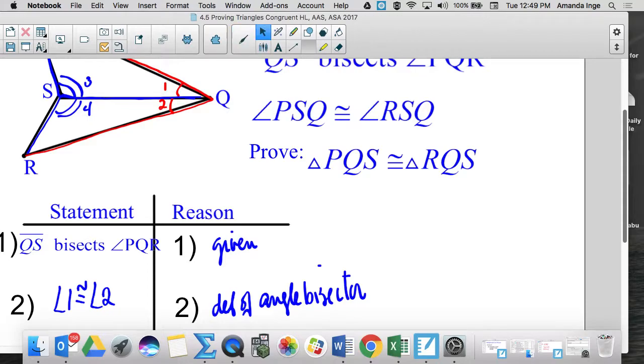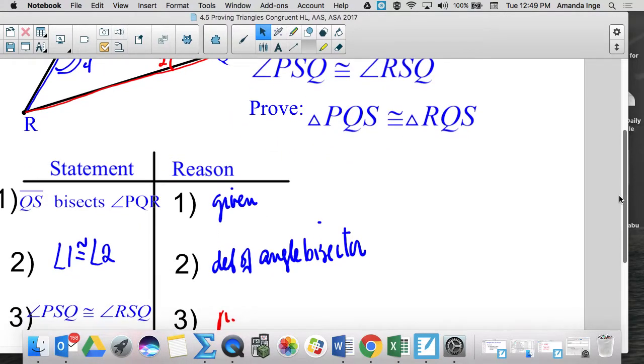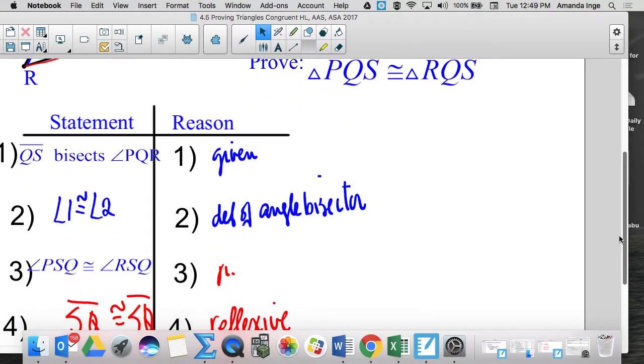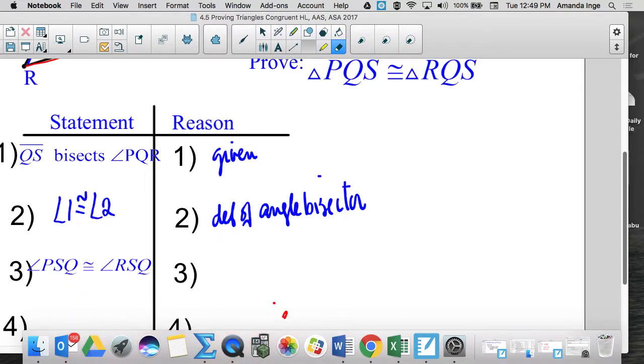Alright, so the next statement we wrote down was that angle PSQ was congruent to angle RSQ. Once again, that information is given.